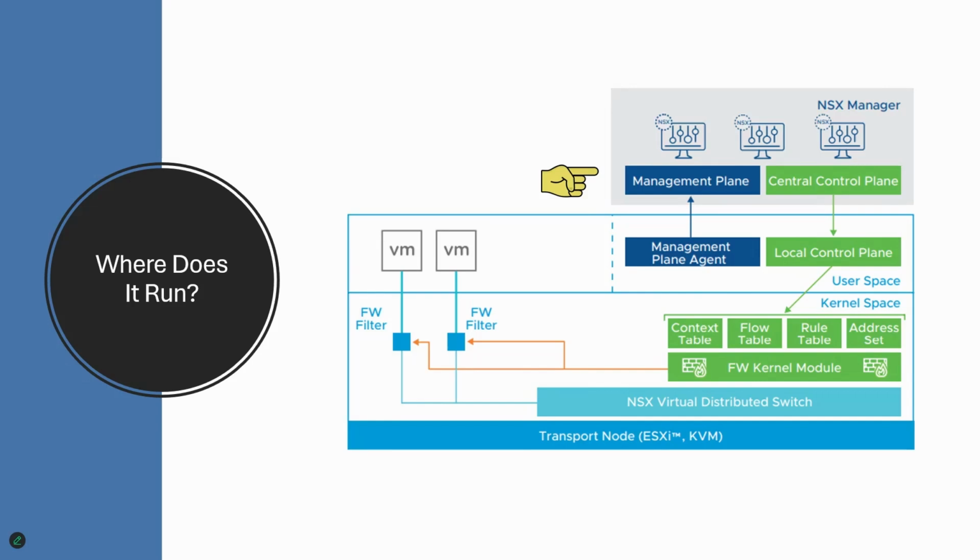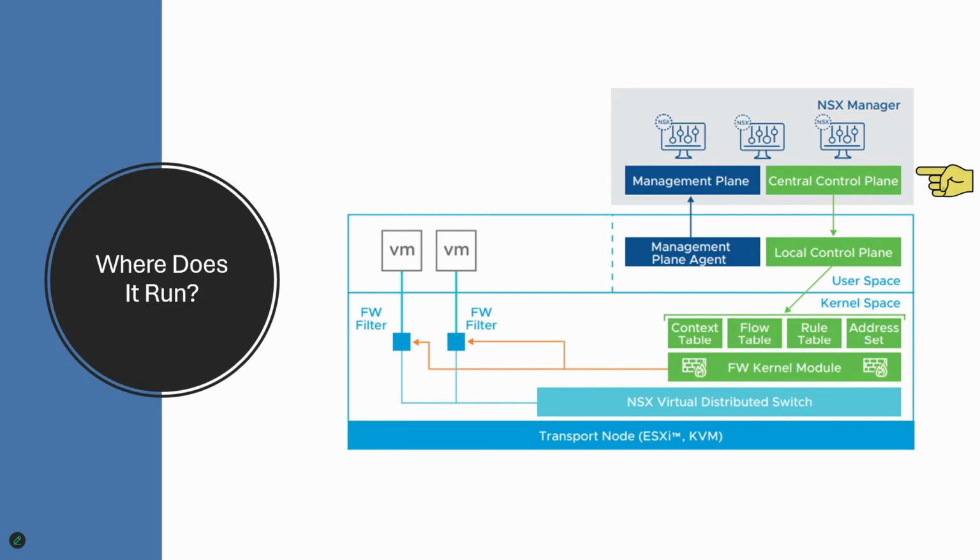It simply pushes the policies down to the transport nodes. Next you can see the central control plane. The central control plane distributes routing information and firewall rules. Again, it is not going to inspect any packets. It is going to distribute instructions.